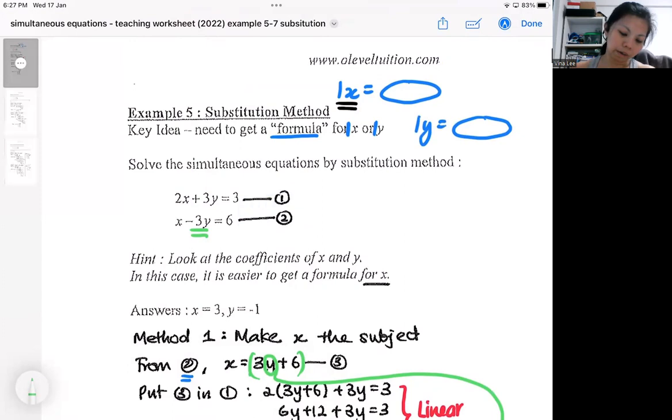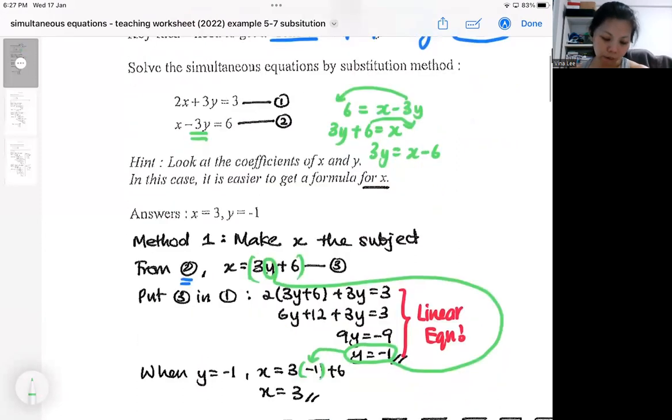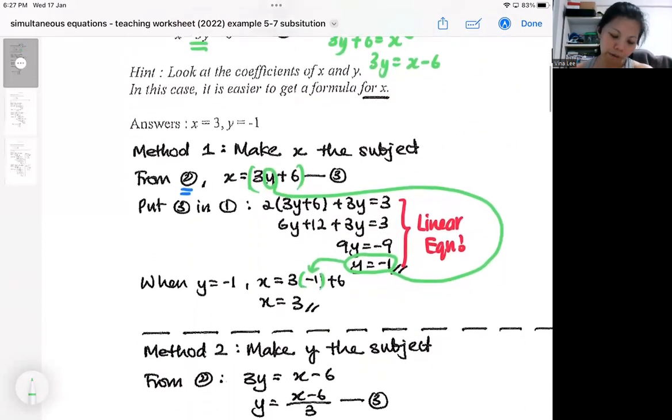So if I use equation 2, this is what I can do. I can bring the y over. Then I can bring the number over. Remember, if you are bringing it over, that's what I'm doing here. I try to make y the subject.